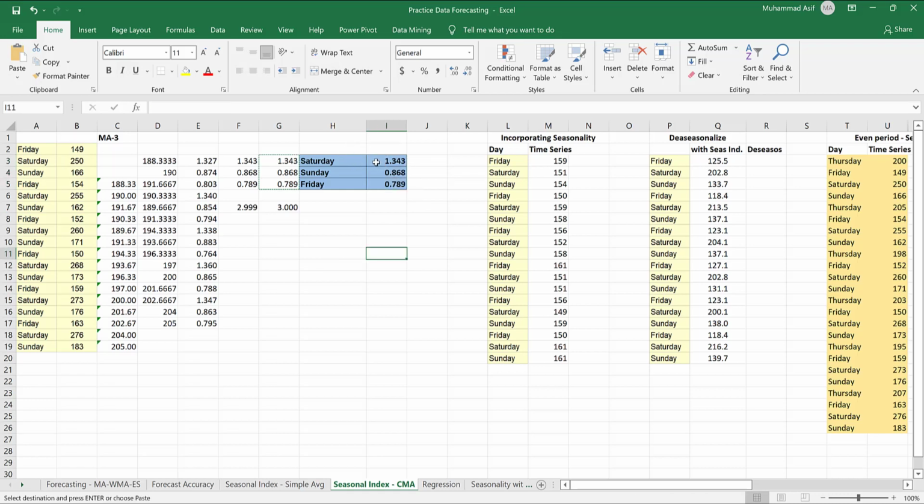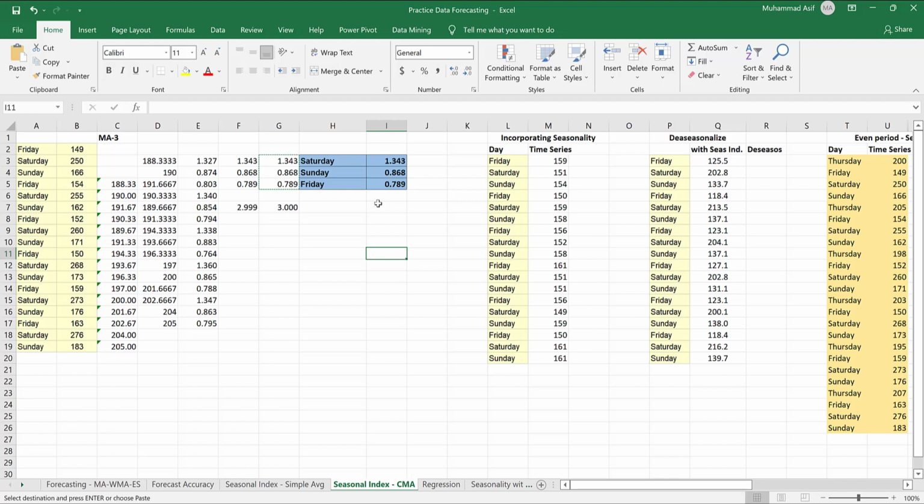Again, the interpretation is that on Saturday you can expect sales to be 34% above the average sale of the season, and then this is 0.87, which means sales on Sunday will be 13% less than the average sale, and then this is 0.79, which means sales on Friday would be 21% less than the average sale in that season.